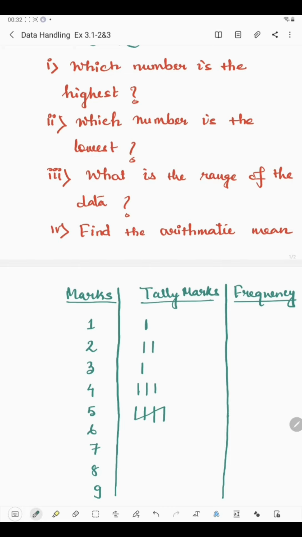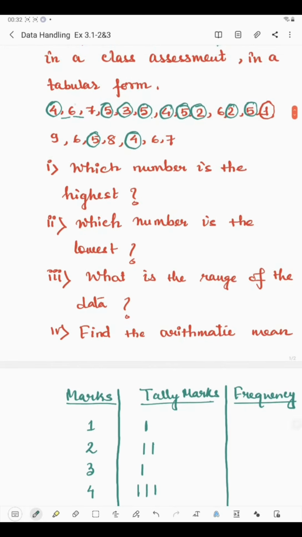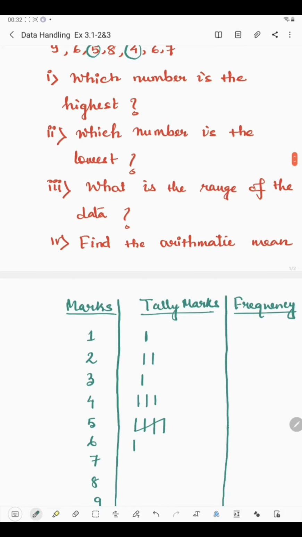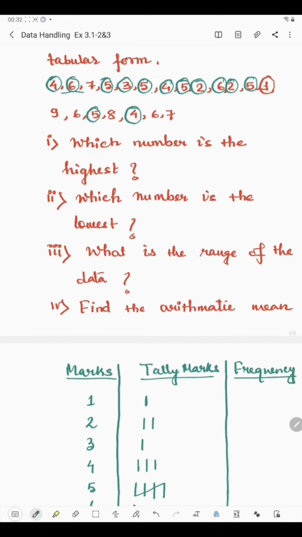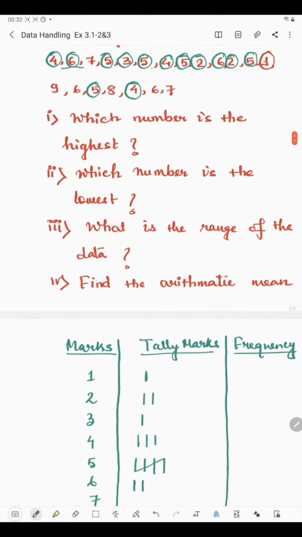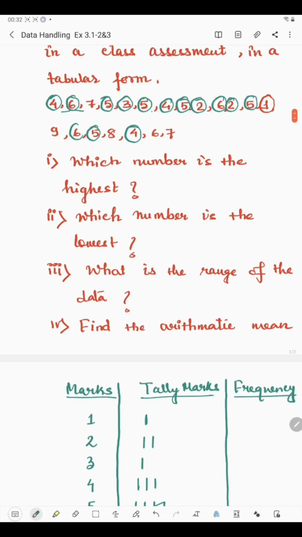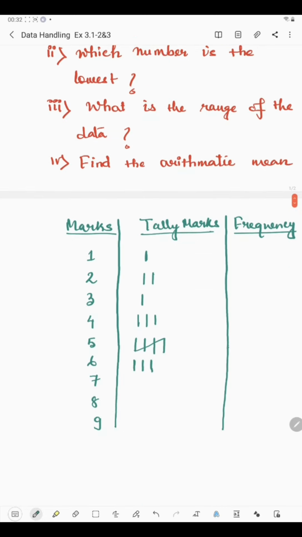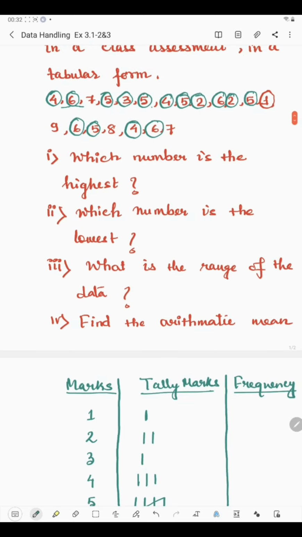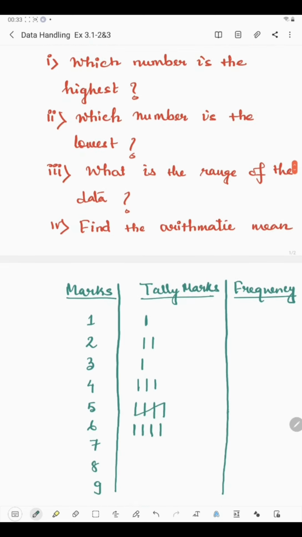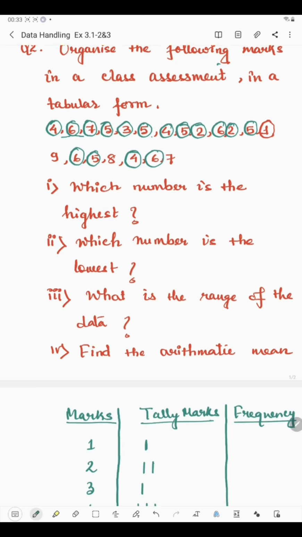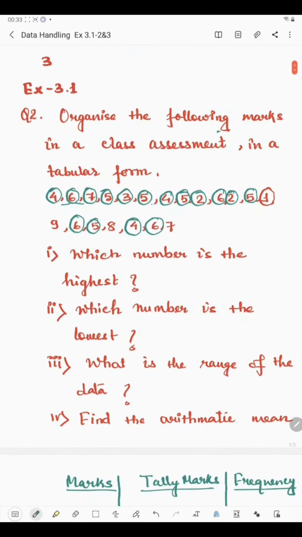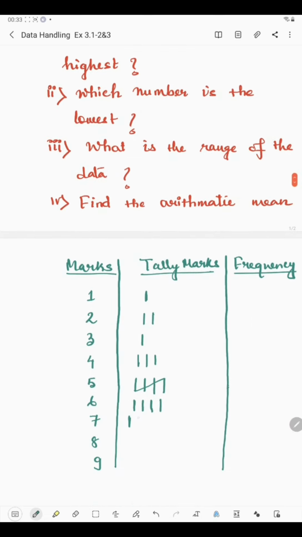Okay, now next we have 6, so 1, so here we will draw the stick, then 6 is here, so again 1, then we have here 3 and here 4. Now we will check 7, how many times 7 appeared, so it's 1, so we'll write 1 here, then here is 7, so it's 2.